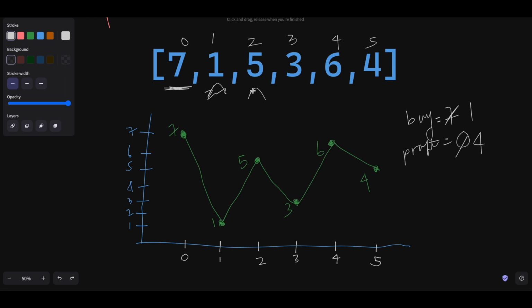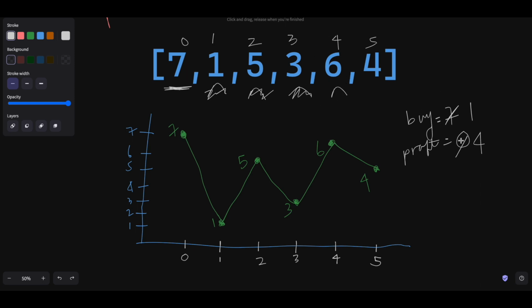Okay, and then now we move our pointer here. This is our new potential sell price. Our buy price remains 1. The potential profit is 2, which is less than the previous potential profit, so we do nothing and we move on. Now we're here. Okay, our potential sell price is 6.